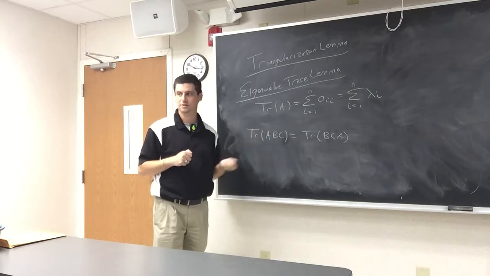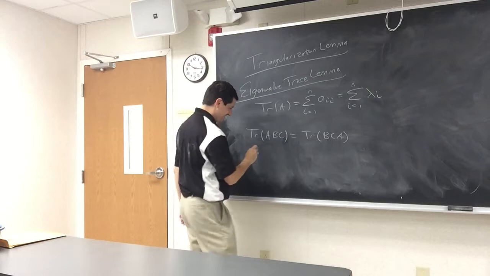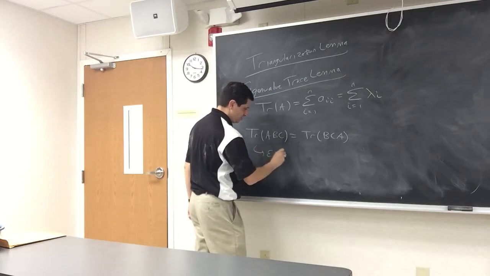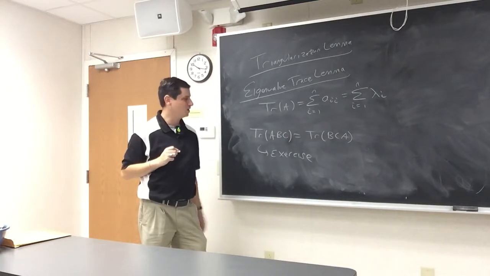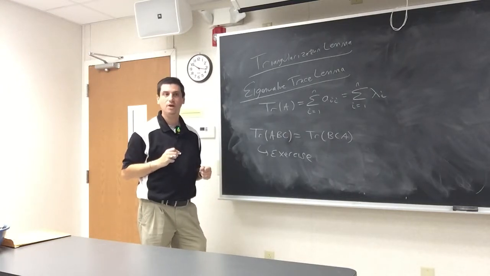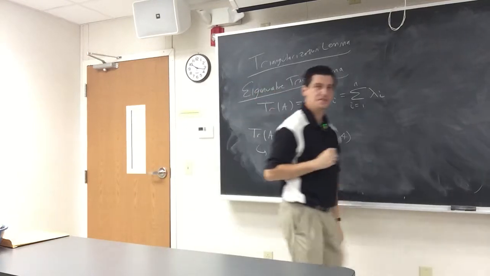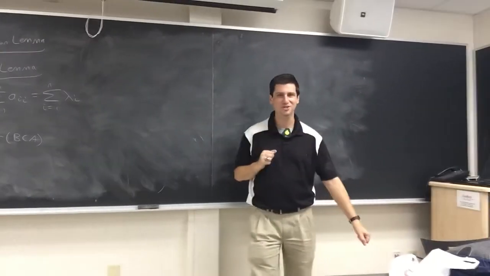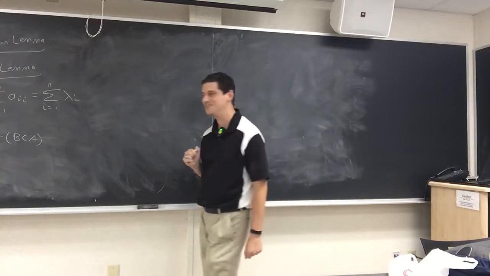The trace is cyclic. Exactly what we were using in statistics. Excellent. If there was homework this week, that would be a really good homework problem. Prove the trace is cyclic. There's a limit to how much linear algebra I want to do. It's nice to be the professor. I really don't feel like proving that, so I'm going to just leave that as an exercise.